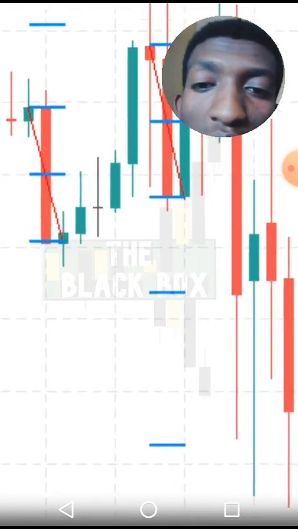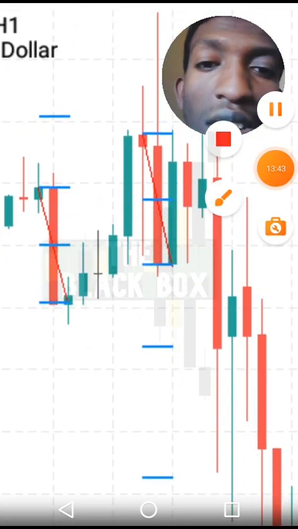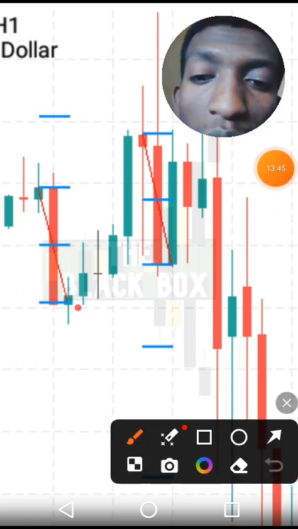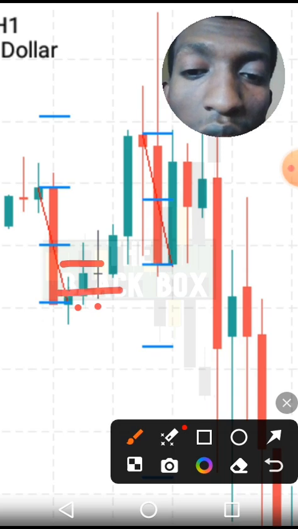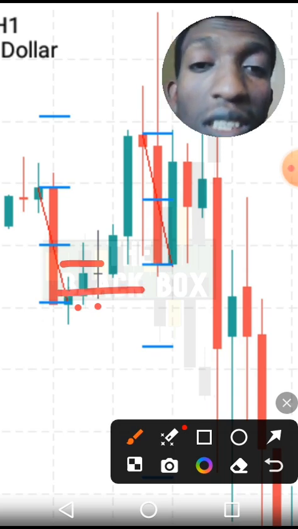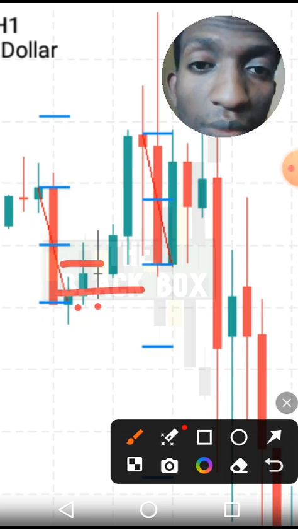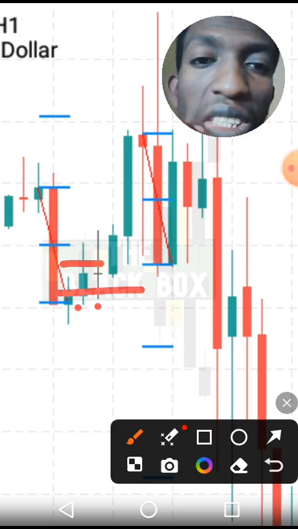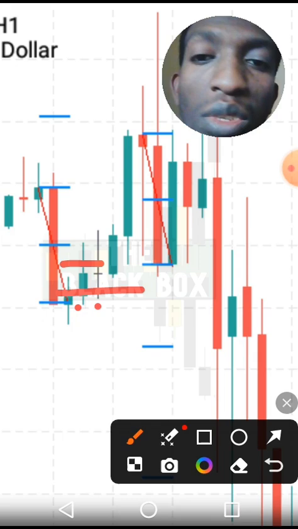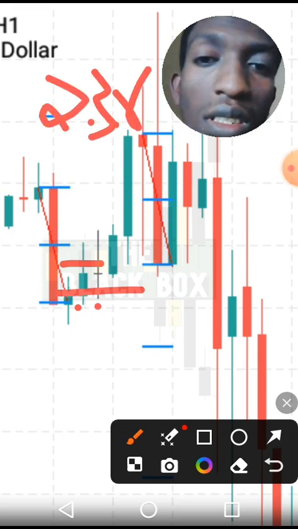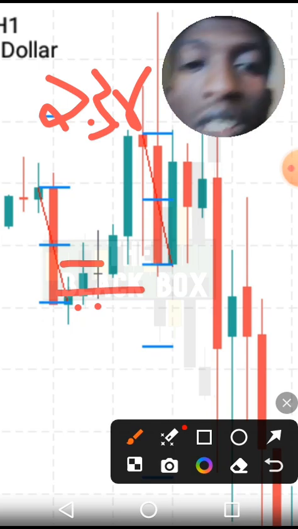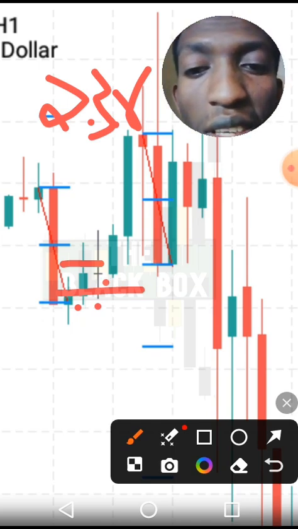Okay. Some of you might say, oh yeah, this is a black box. 1, 2. Yes, it is. This is 2 candles, but the third one didn't trade down. If you measure the bodies and see if 23.6 is hit, if 23.6 is hit, that is fulfilled.